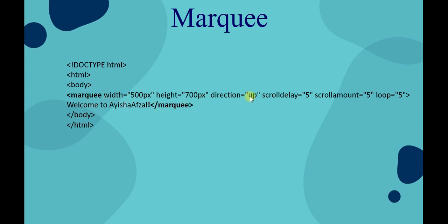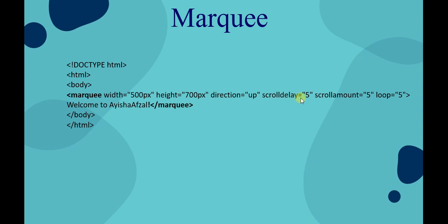Then inside the opening tag we have to define the width and how much height it should have to move. Then direction, from left to right or right to left or up and down, how it gets moved, like that we can give.